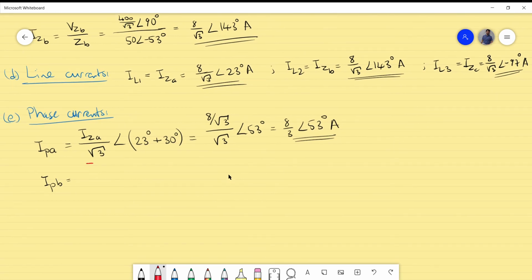Let me continue with black, IZ of B divided by, again, just a constant, square root of 3, and then take the phase for the IZ of B, which is shown here, 143, and add again the constant of 30 degrees. If you substitute everything, it will be 8 divided by 3, and the phase will be 173 degrees. And this is just for the second one.